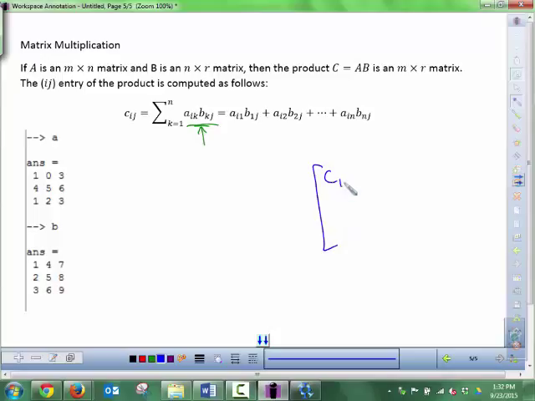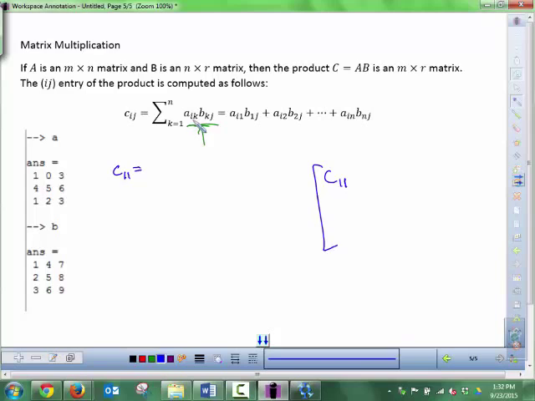Let's say this is C11. This is our result that we want for C11. So how do we get C11 here? C11 is going to be equal to taking, first, i is equal to 1 and j is equal to 1.